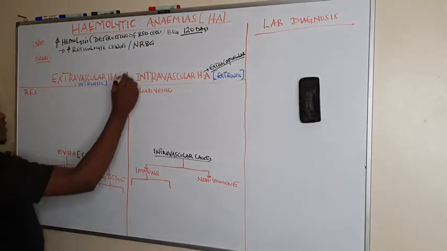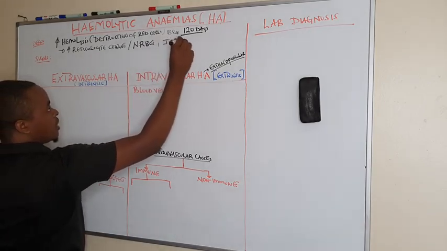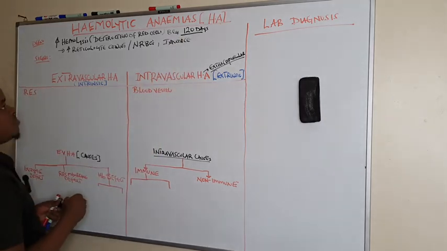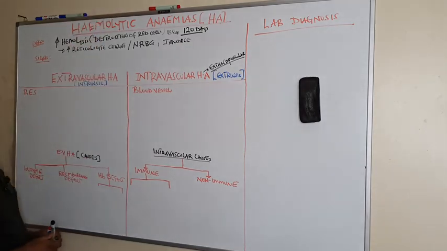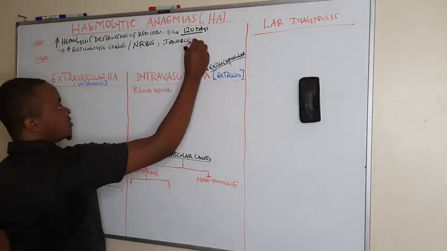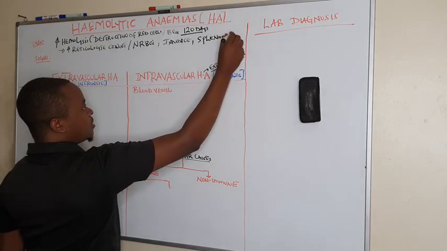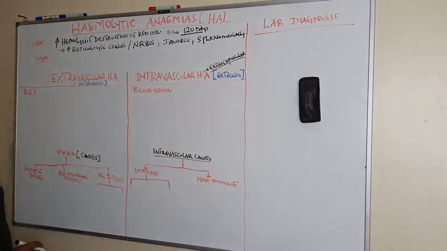Then it is also characterized by jaundice, whereby there is moderate hyperbilirubinemia. As we shall see under extravascular, splenomegaly is also a characteristic, whereby the spleen enlarges.